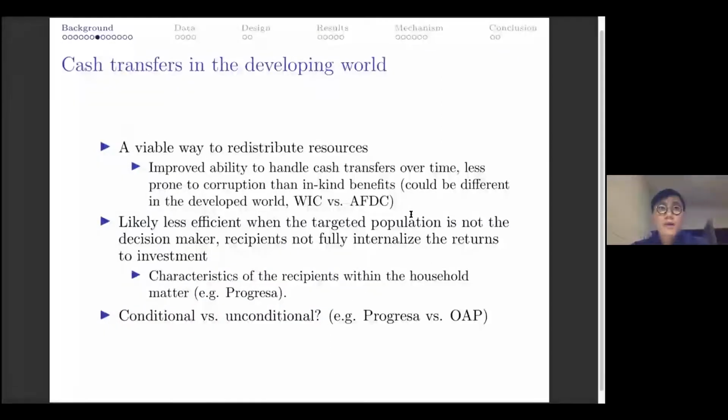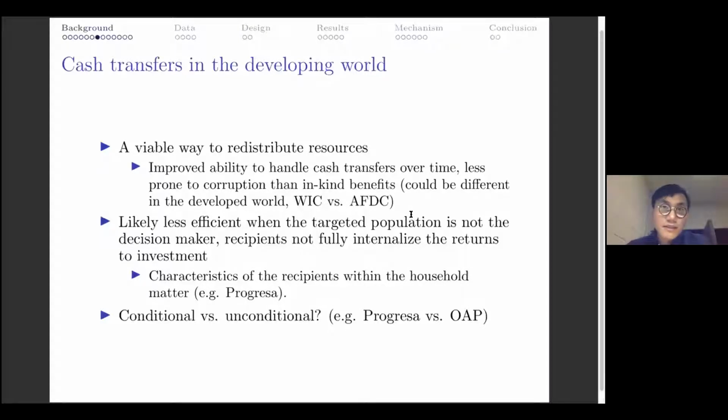There are multiple cash transfer programs in developing countries, because they are a viable way to redistribute resources, thanks to the improved ability to handle cash transfers over time. They are also less prone to corruption than in-kind transfers. But they are likely less efficient when the target population is not the decision maker, because the recipients of the transfer really matter in these programs.